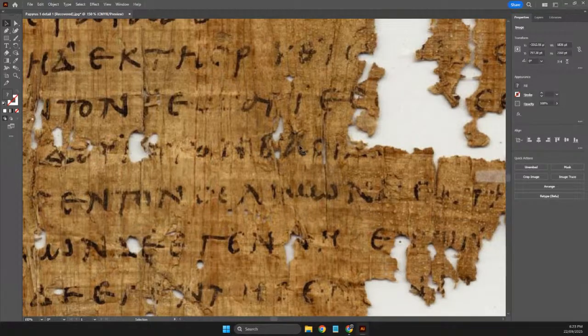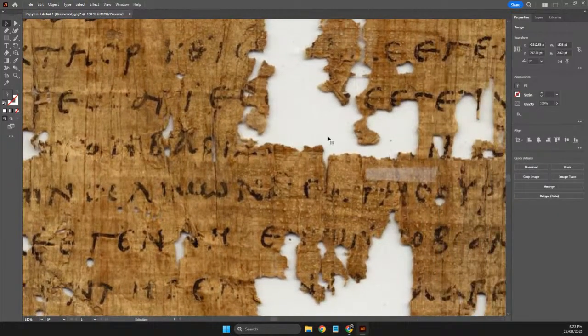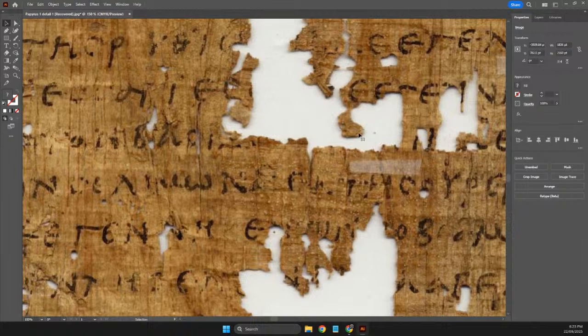So it says alpha, and then we've got a sigma, an iota, a lambda, and then an epsilon and an alpha there, but obviously it's pretty hard to read that when there's just nothing there. So it's got the name of David again. So I guess that they've actually got that in brackets as well.